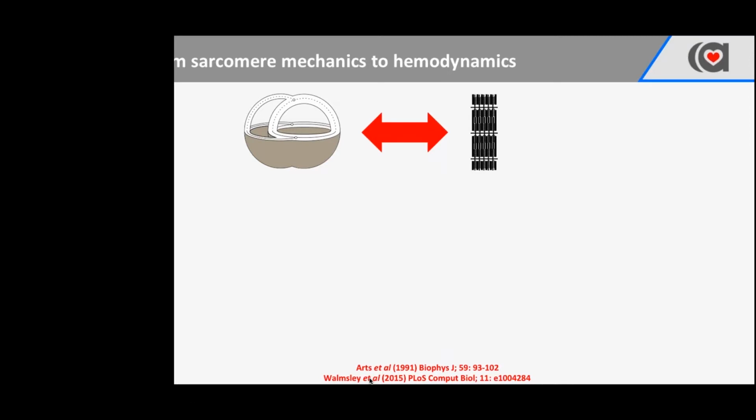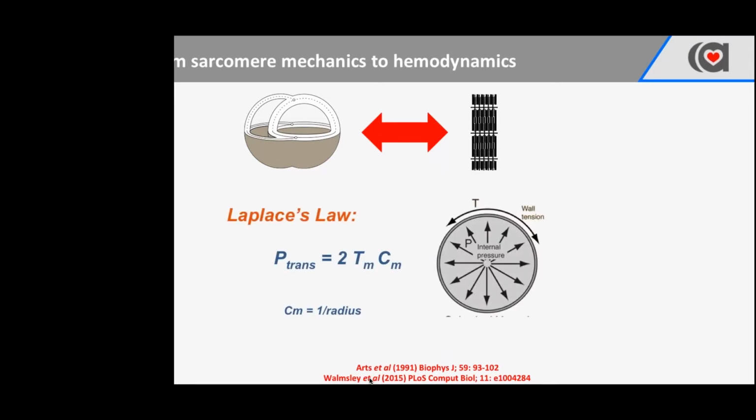Now, if you want to go from the sarcomere towards the chambers, we have to keep in mind that the myofiber stress can be transferred to tension in the wall by using Laplace's law, that the transmural pressure equals twice the wall tension times the curvature.